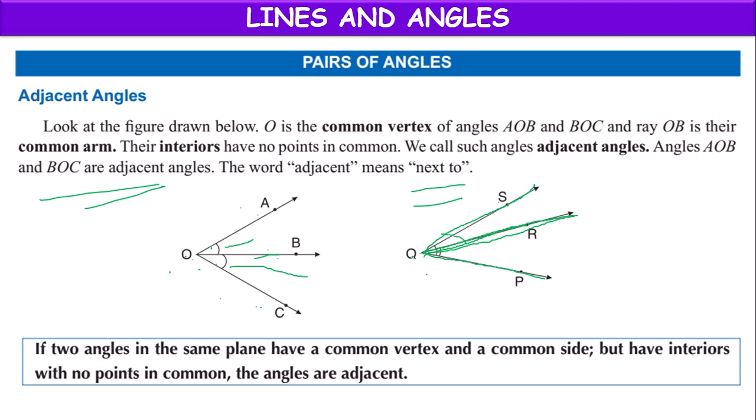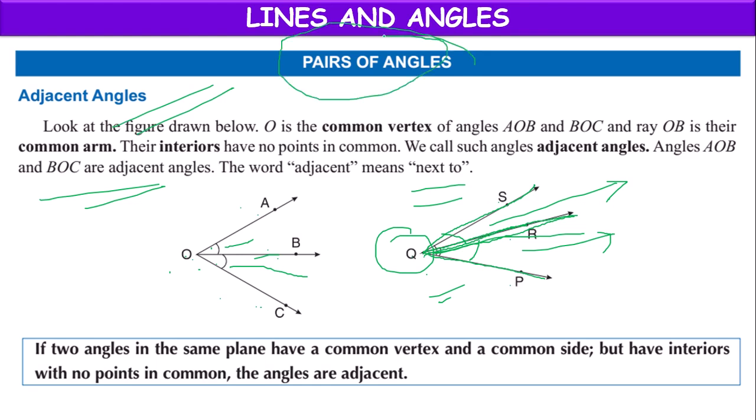So SQR and RQP are adjacent angles, because their interiors don't have any common point, and they have one common vertex and a common arm. So that's why they are adjacent angles. Adjacent angles are a pair of angles with a common vertex and a common side, but with interiors that have no points in common.